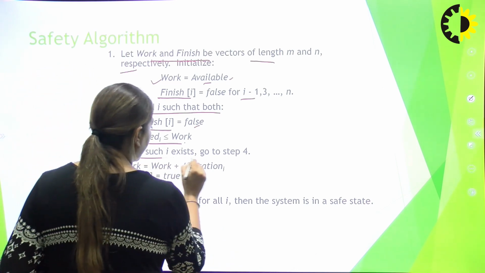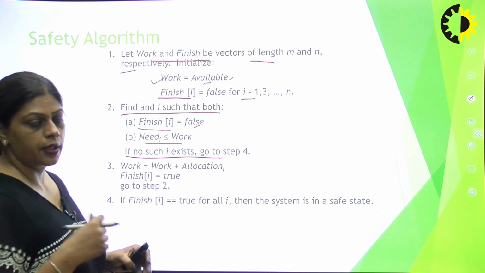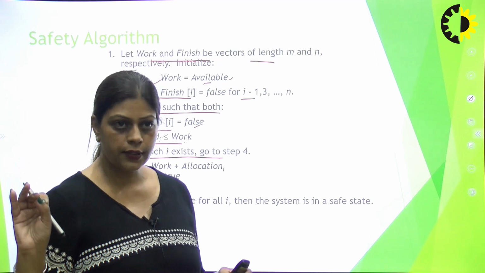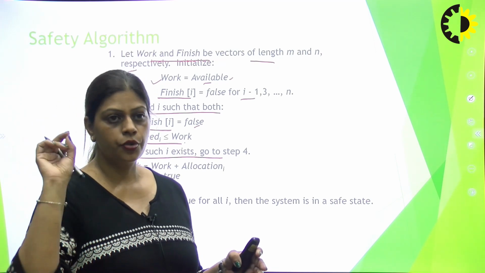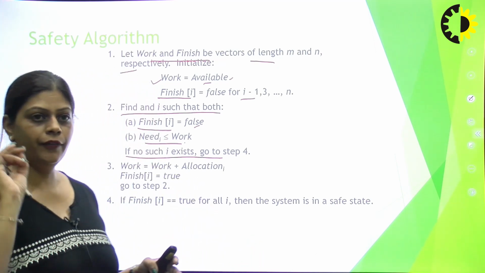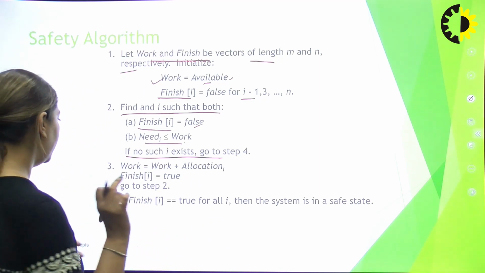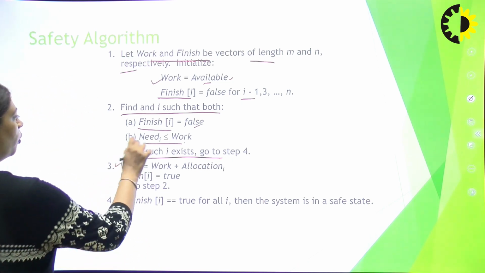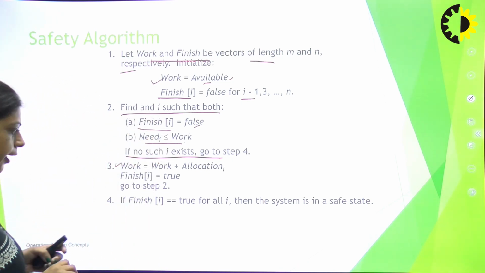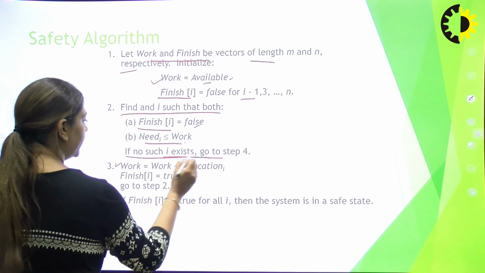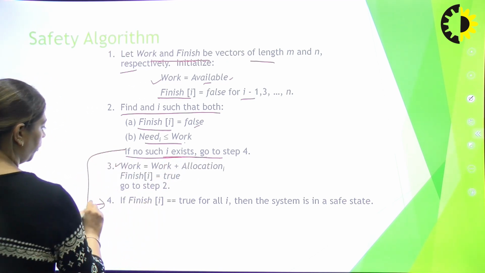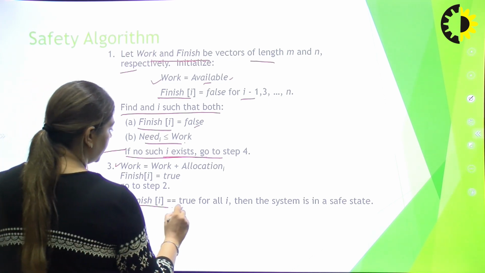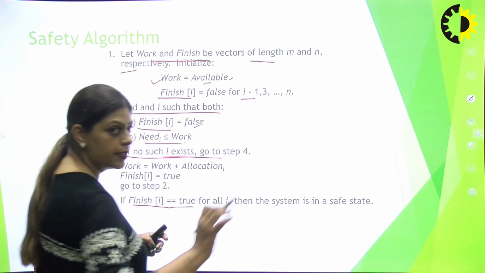If no such i exists, we go to step 4. Then if Finish[i] is equal to true for all processes, the system is in the safe state.